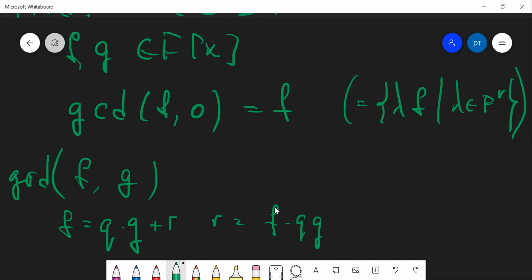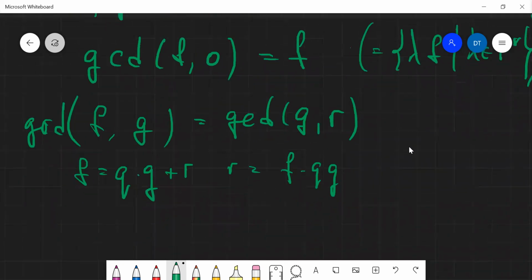So the greatest common divisor for g and f is exactly the same as the greatest common divisor for g and r. This is because of the previous formula.